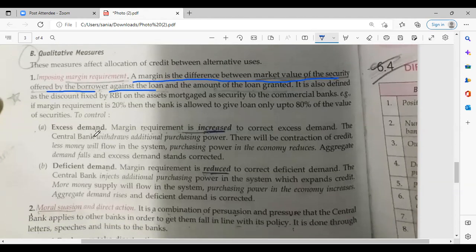And now, see, there are two situations. One is excess demand and one is deficit demand. Excess demand means basically, okay, Amos, you were not there. I'm just explaining one very important thing. Again I'm explaining, and I hope everyone will listen to it carefully. Inflation is basically prices getting increased.